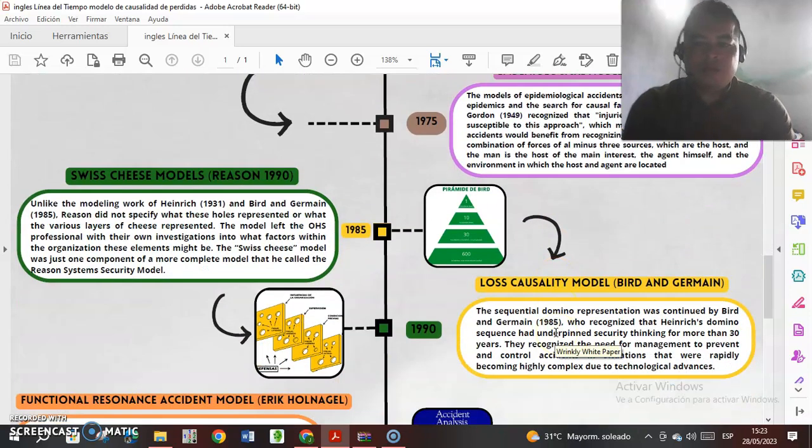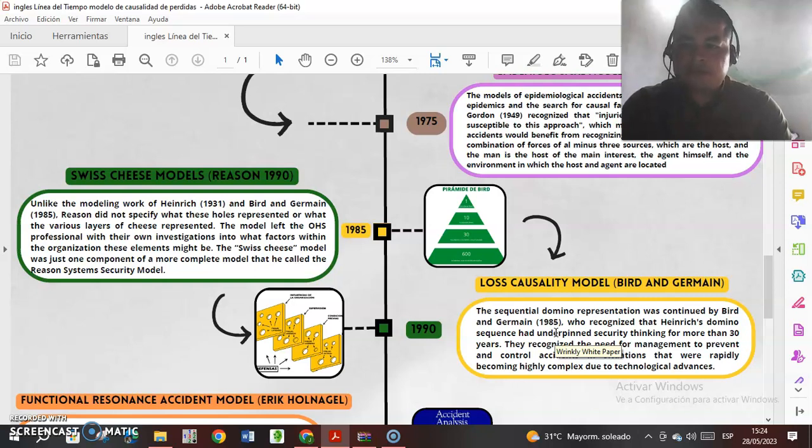In 1985 is the Lewis model, Reason. Unlike the modeling work of Heinrich in 1931 and Bird in the German in 1985, Reason did not specify what these holes represent, what the various layers of cheese represented.